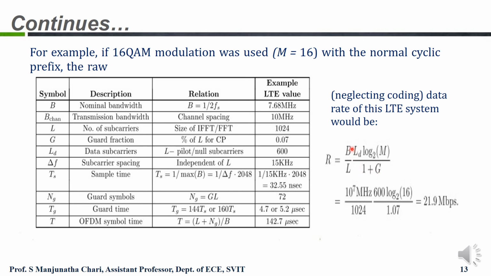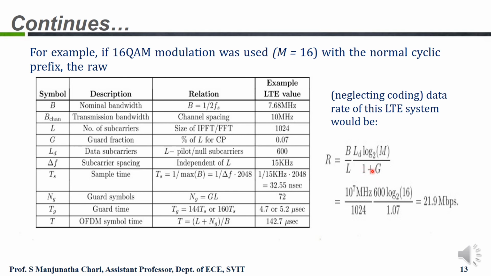So we substitute each and every value. B is 10 megahertz as I said, which can be written as 10 to the power of 7, times LD, the number of data carriers, that is 600, times log base 2 of 16, divided by L, the number of subcarriers, that is 1024, and 1 plus G, where G is the guard band or cyclic prefix, that is 0.07 for a normal cyclic prefix.